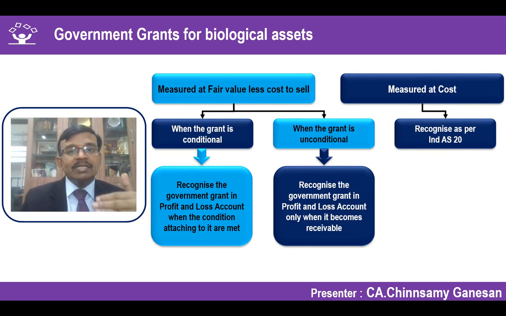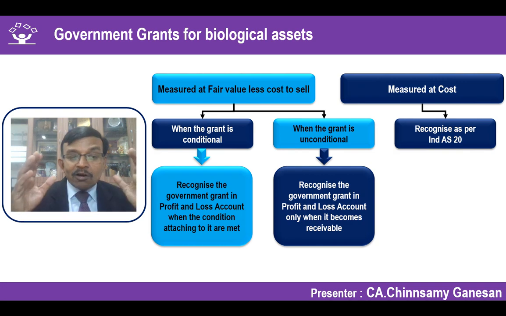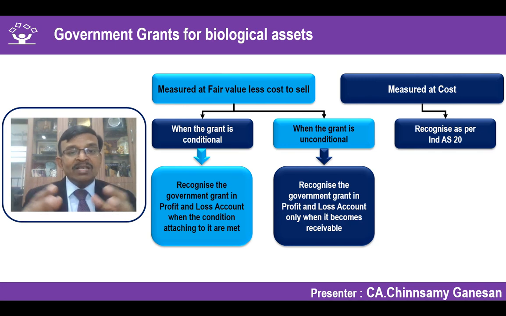Both are permitted. The government grant may be a revenue grant. In that case, you will recognize it in the P&L account when the conditions are met, or if it is receivable, as per Ind AS 20. If it is a capital grant relating to a particular asset or group of assets, you can reduce it from the carrying value of the asset, or you can set up a deferred income. Both options are available as per Ind AS 20.